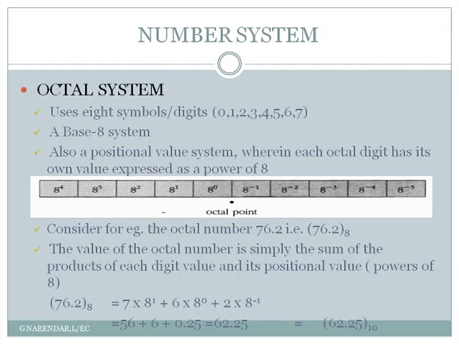So why is the octal number system used? The octal number system is used in digital systems in order to represent the bits in a compact way. When you represent a certain number in binary, it takes a large number of bits compared to any other number system, because binary contains only 2 digits, 2 bits.